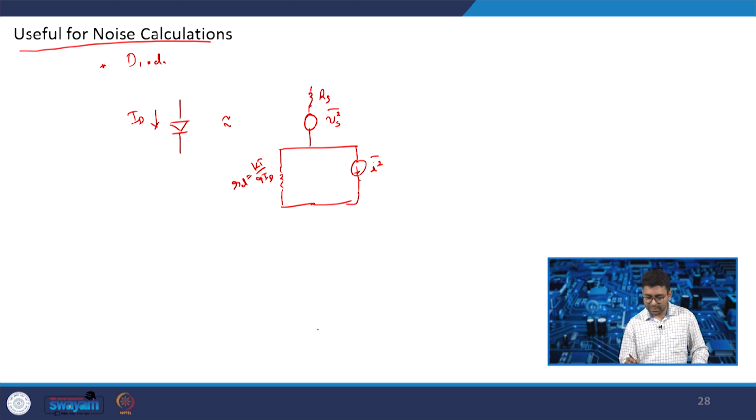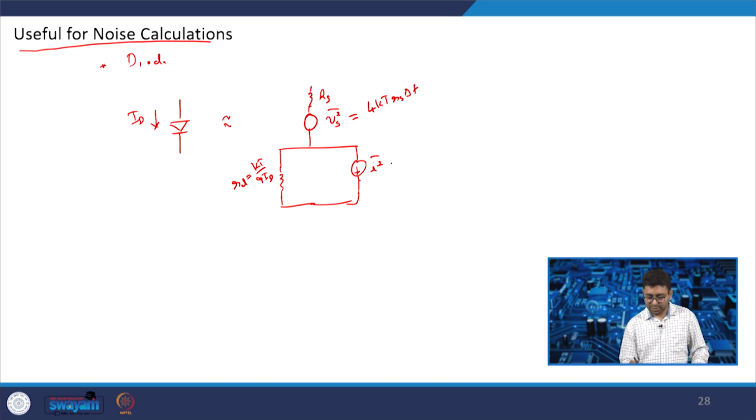So, you can write Vs square equal to 4kT Rs delta f. In many cases, if you consider the volt square per hertz power spectral density, it is generally written as 4kT Rs.